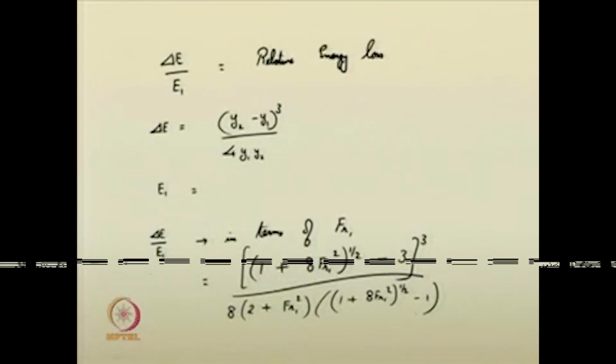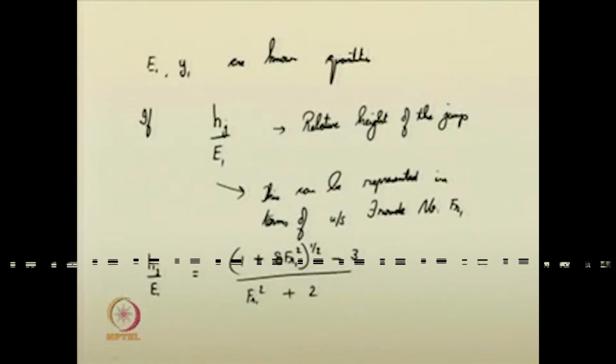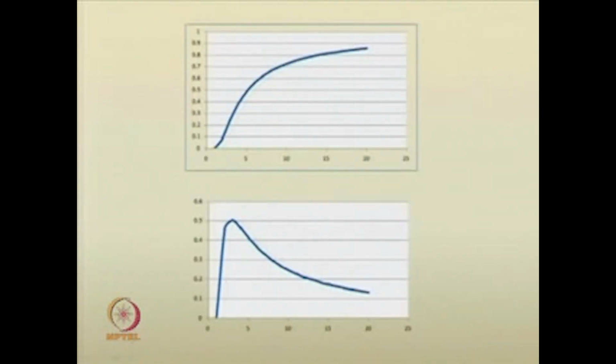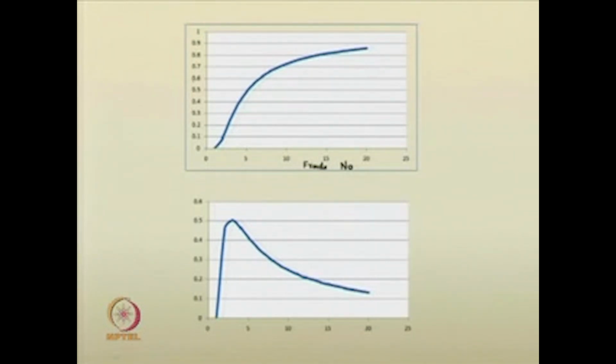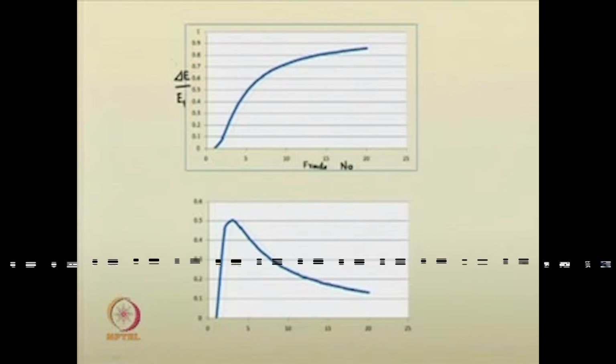What are the peculiarities of these quantities, del E by E 1 as well as h j by E 1? I can show two plots here. You see the first one, where the x axis is the Froude number and the y axis is the relative energy loss, represented as del E by E 1.